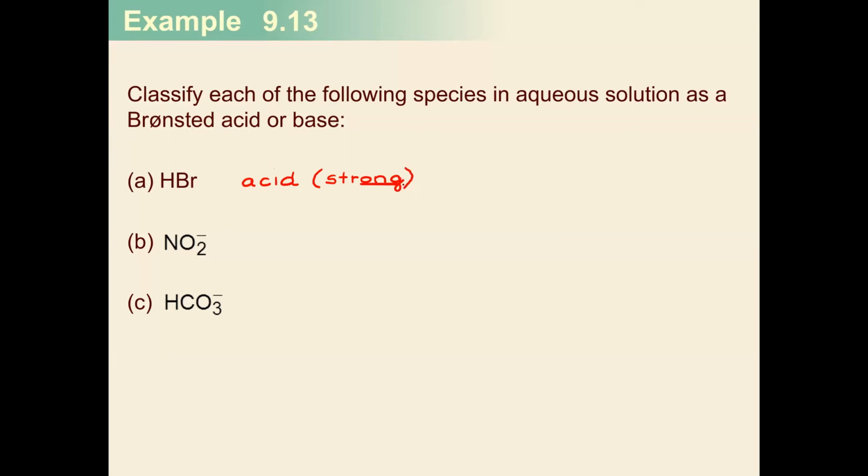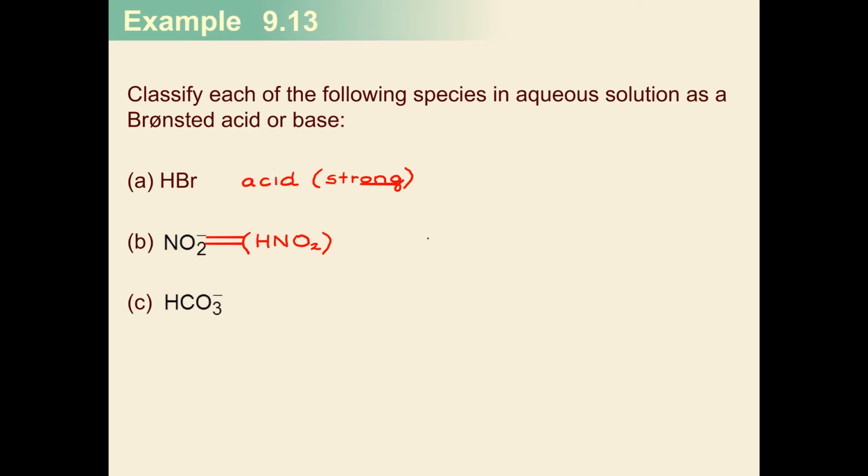So make sure that you are able to identify and label it. Let us go to B. You will notice that this is the nitrite anion. So this is actually the conjugate base of a weak acid. The weak acid that we would normally have is going to be HNO2, which would be nitrous acid, but we have lost its proton. So we don't have an ionizable proton.